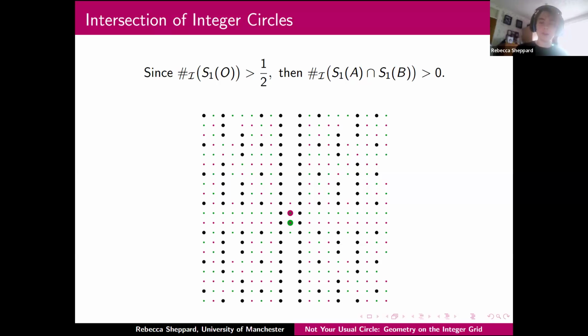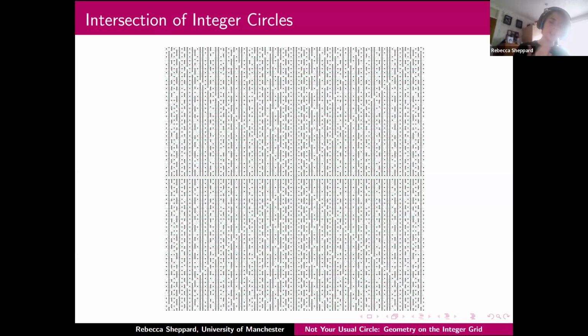And the green dots, likewise, are on the green integer circle, but not on the purple one. And the large black dots represent points which are on the intersection of the integer circles. This is a finite subset of that, but if we zoom out a bit, you can see the pattern that it sort of forms. We have these rays here, but overall it looks dense. This picture intuitively matches with what we know to be true from the theorem.